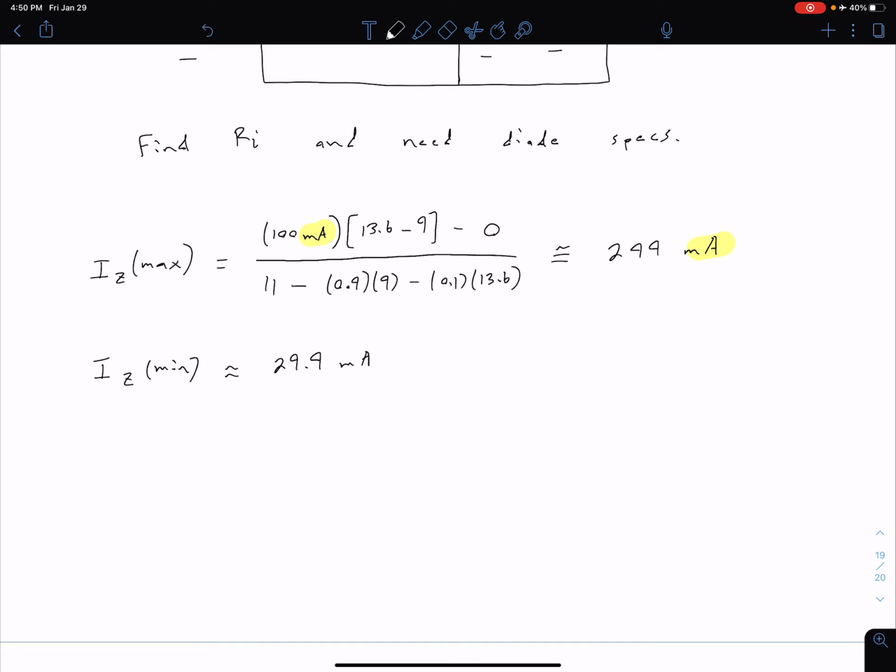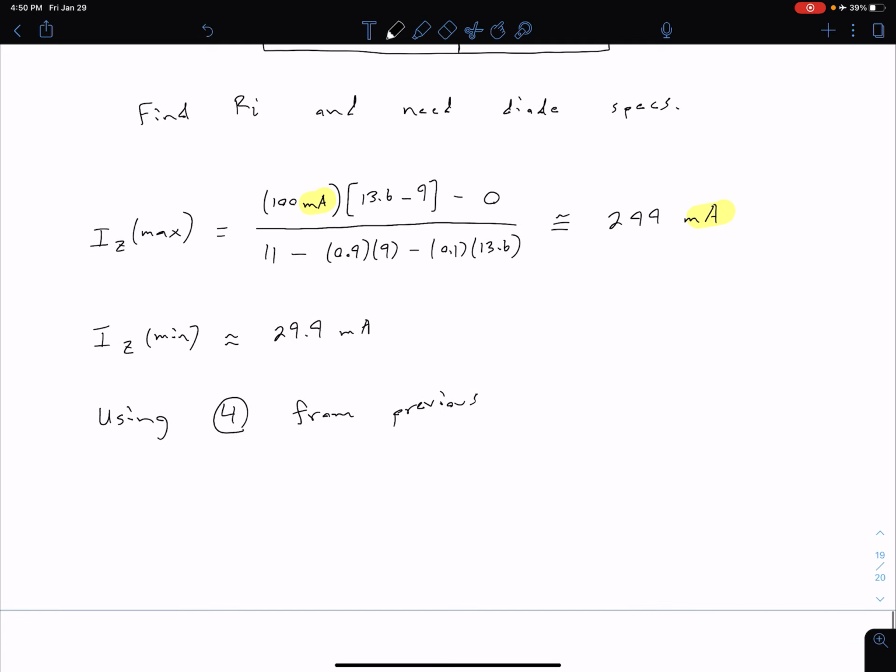Okay, so now coming back to what we actually need to find, we need to find the value of that resistor Ri. We can use either of the two equations from our previous video. Using the numbers I had written there, I'm going to use equation 4 from the previous video, or if you're following along in the Canvas notes, the previous page.